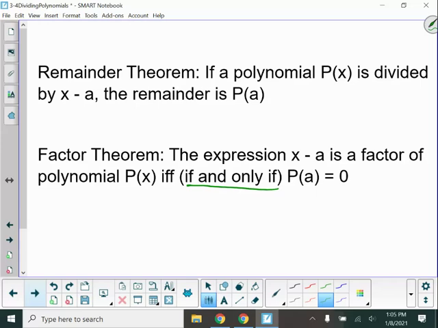So if and only if p of a is equal to 0, which means x minus a is a factor if p of a is equal to 0, and if x minus a is a factor, then p of a is equal to 0. So both of those statements are true. Either you plug in and you get a 0, then it's a factor, and if you know it's a factor, you can plug in and get 0.